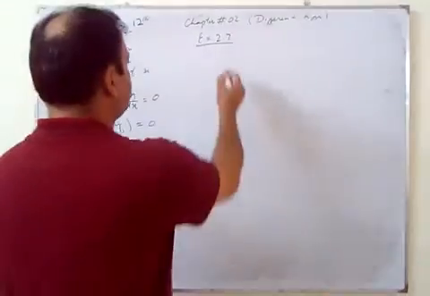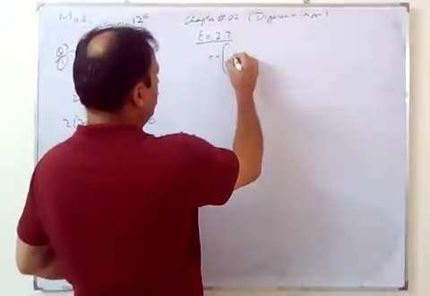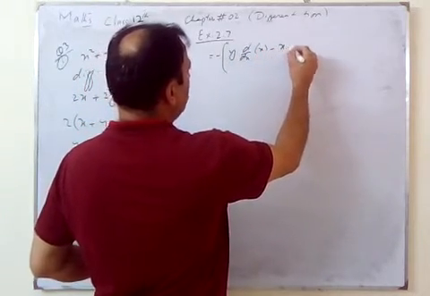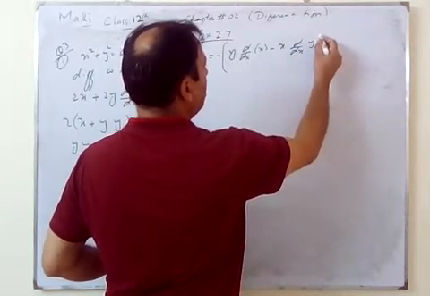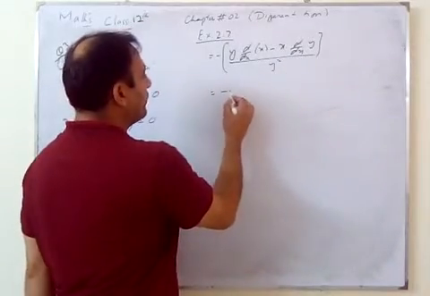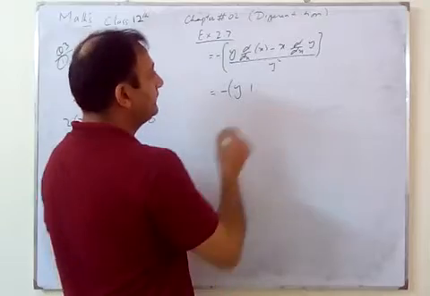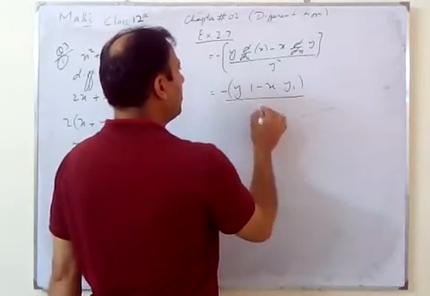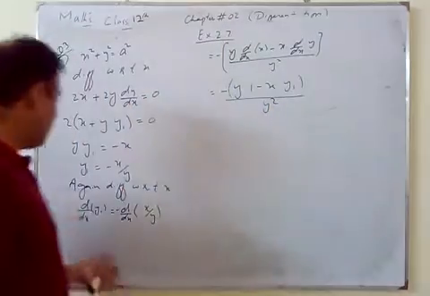So here minus, second function times derivative of first minus first times derivative of second, whole divided by y square. So if I open it, y times derivative of x, 1, minus x times y1, divided by y square. Now the value of y1 we have.